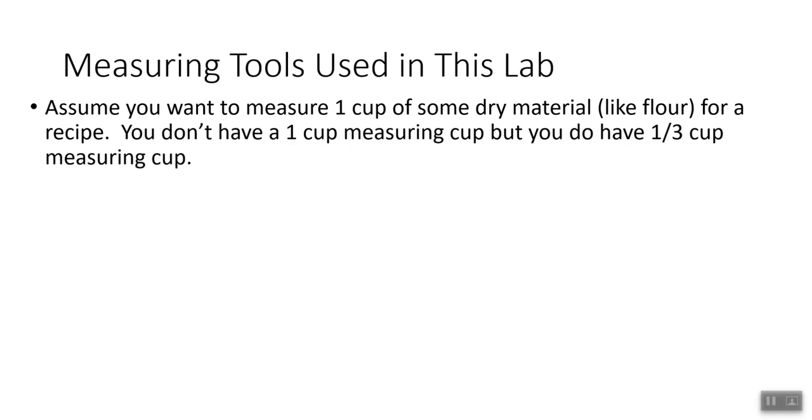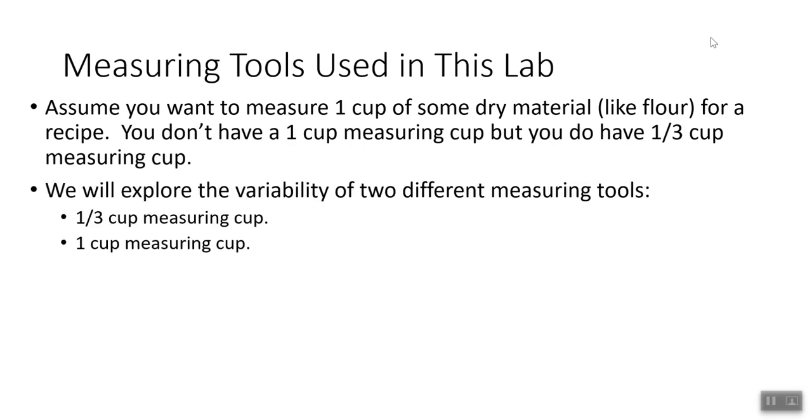However, you don't have a 1 cup measuring cup, but you do have a 1/3 cup measuring cup. So we're going to explore the variability of the 2 different measuring tools. The first one being a 1/3 cup measuring cup, and the second one being the 1 cup measuring cup. And we're going to see if there's a difference in how much material you get depending on which measuring cup you use.